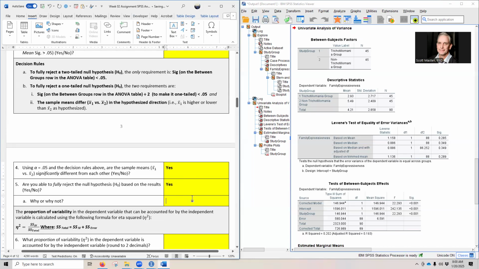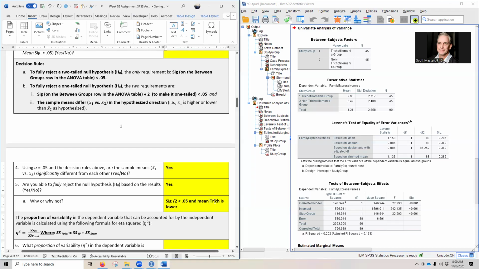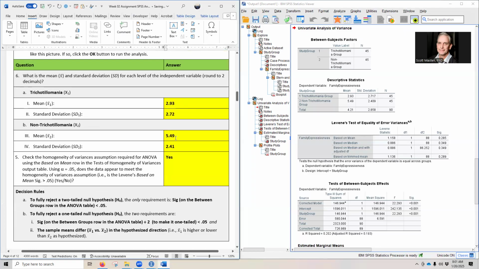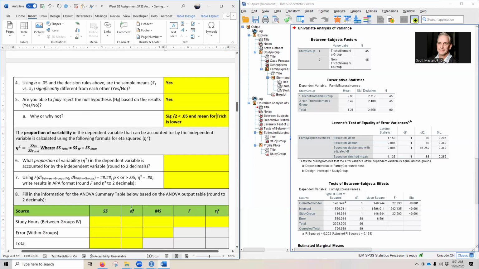Well, sig divided by 2 is less than 0.05, and the trichotillomania mean is lower. The trichotillomania group was lower on family expressiveness at 2.93 versus 5.49.